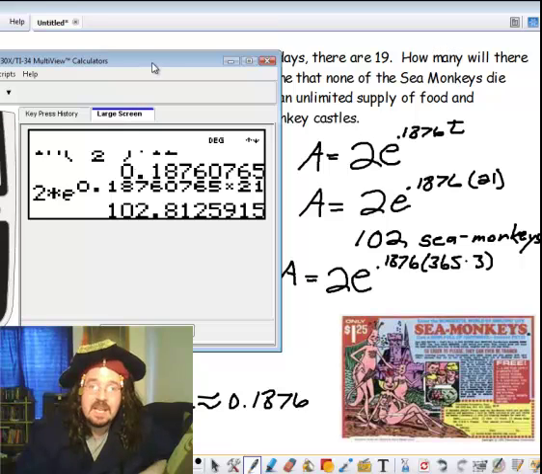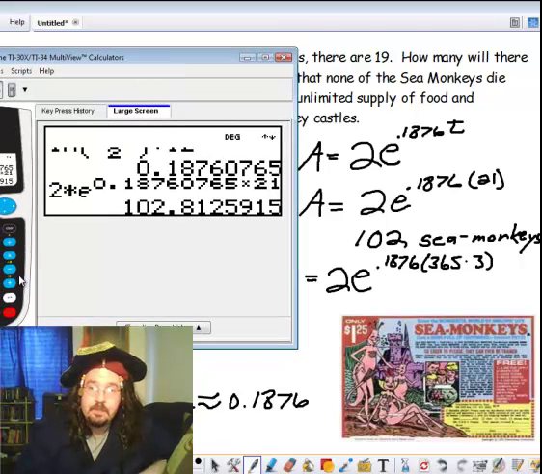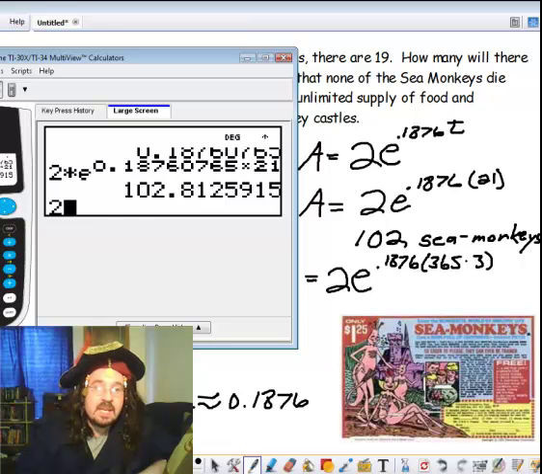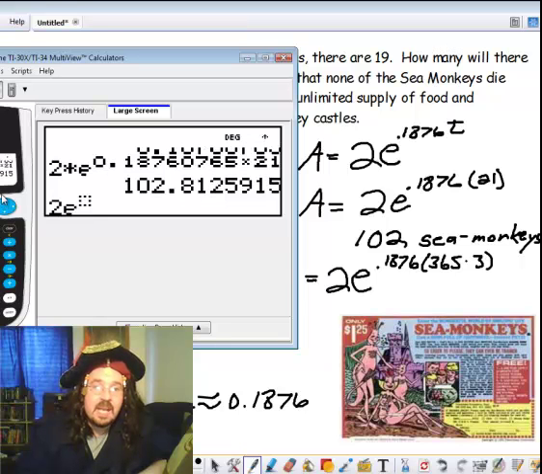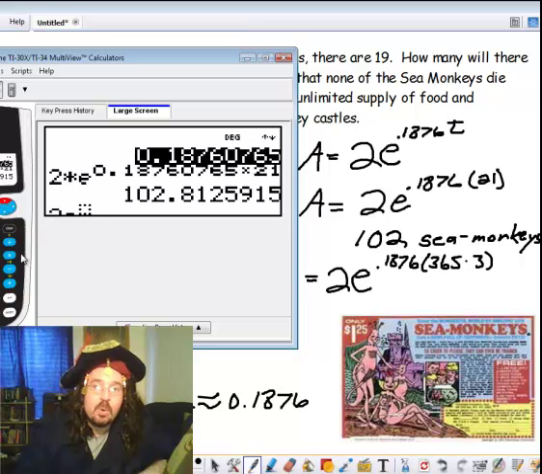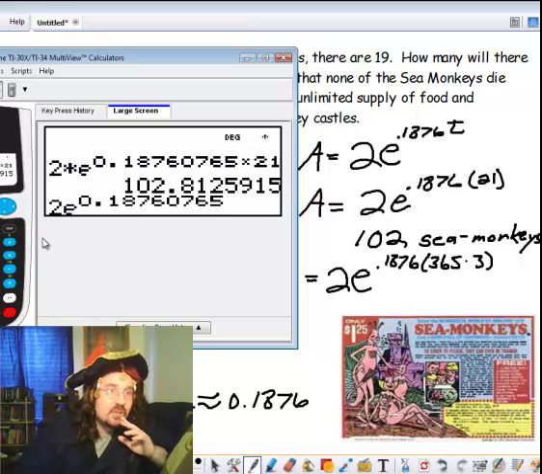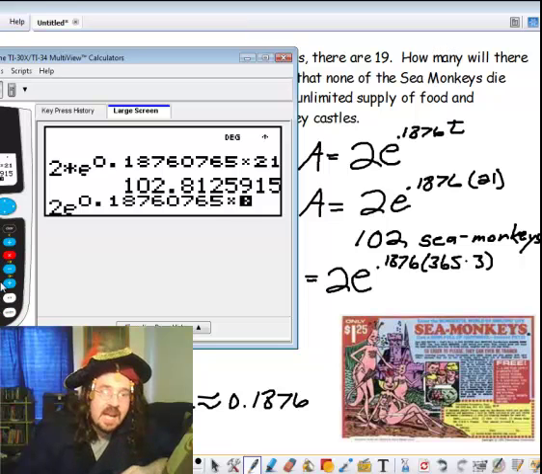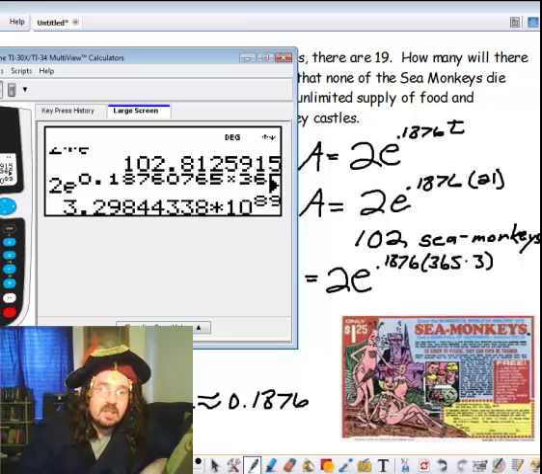So I bring up my lovely calculator once again, and I type in 2, and then e, and then I paste in my rate. I have to scroll up quite far to find it. Okay, it's 0.1876, and I hit enter to paste it down there. Times 365 days in a year, times 3 years.